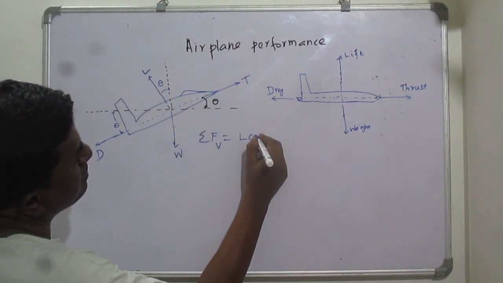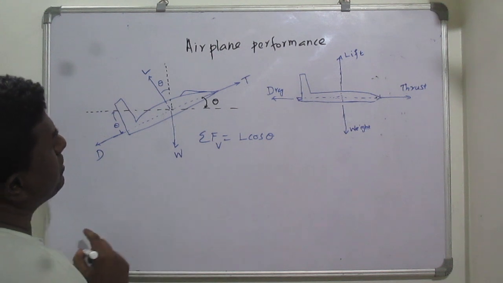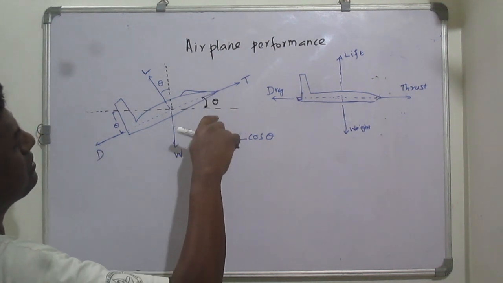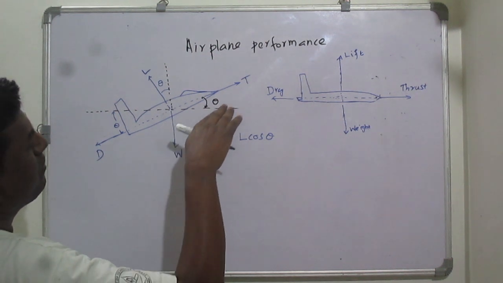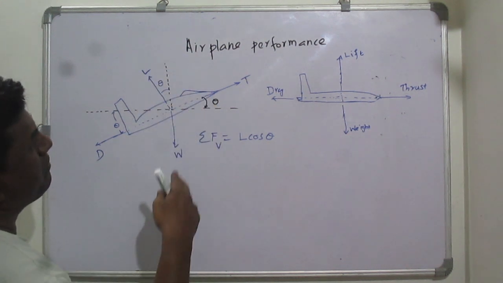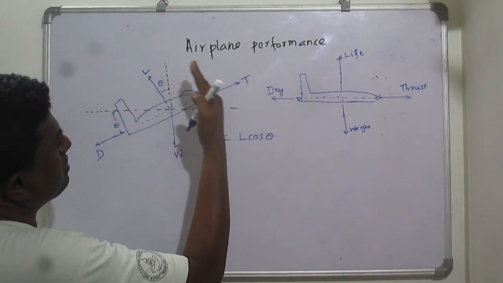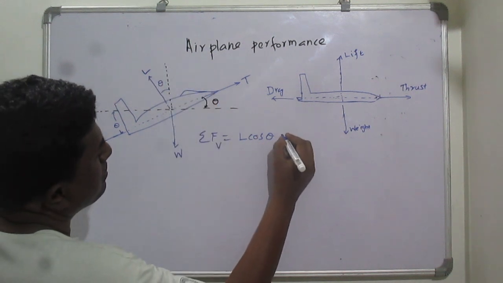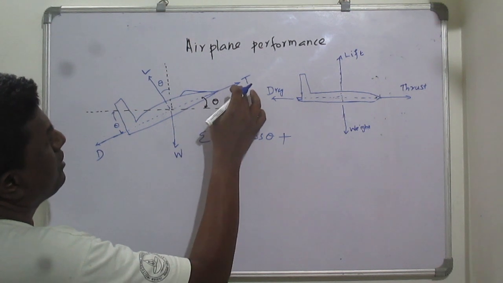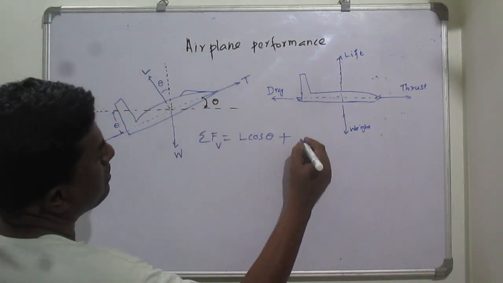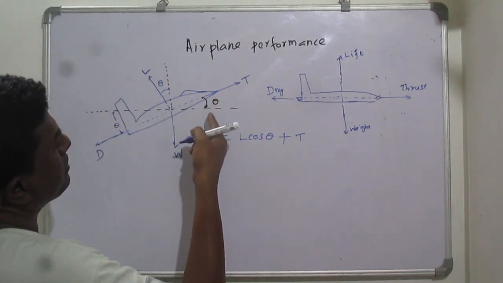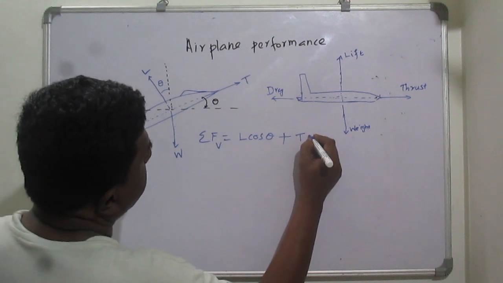Then the thrust also has an angle with the horizontal axis. Similarly, with respect to the vertical axis, the thrust can be brought to vertical. This is theta, the included angle, so the thrust in the vertical direction is T sin theta.